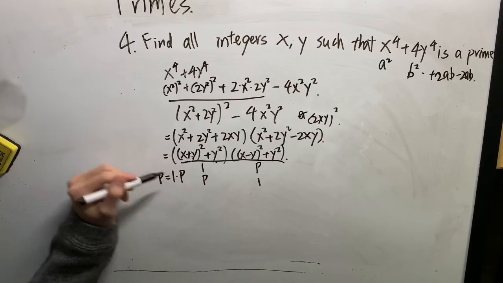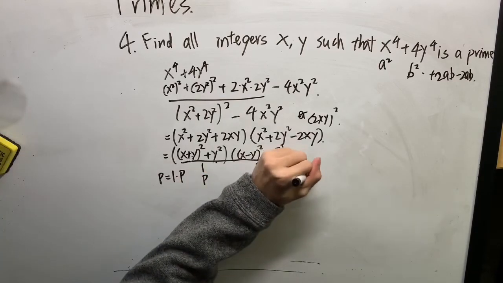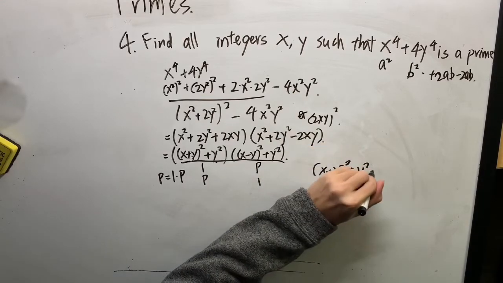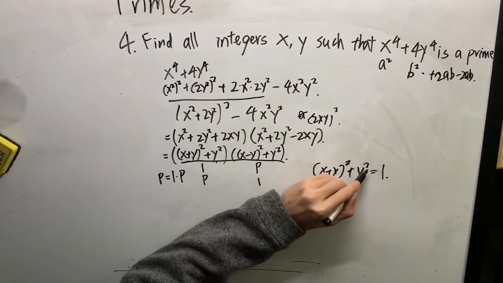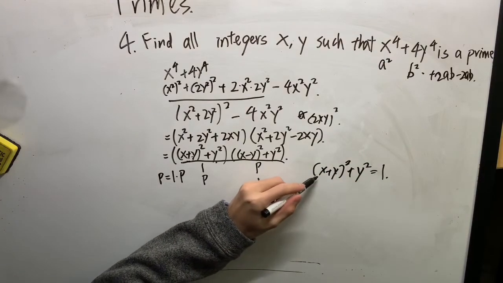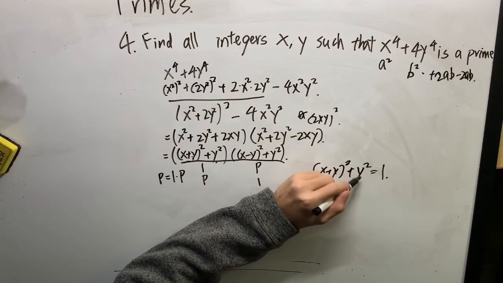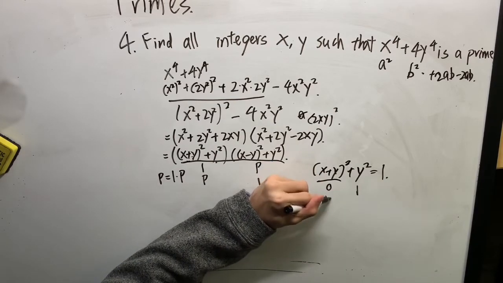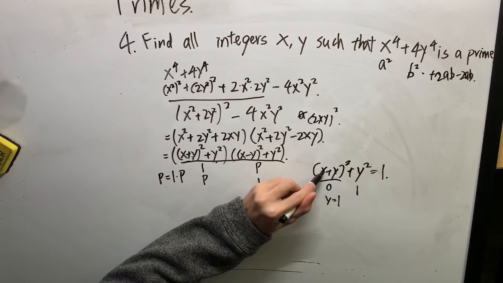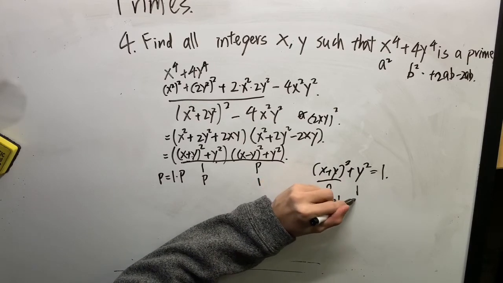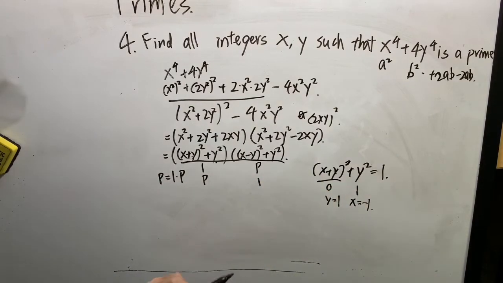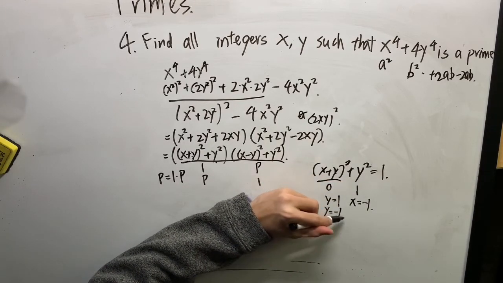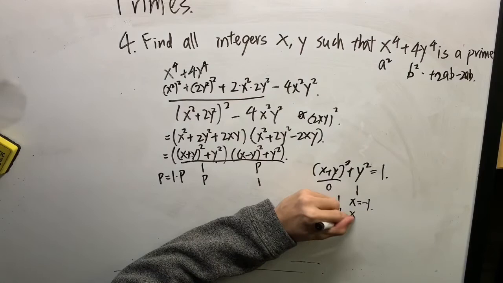So if (x plus y) squared plus y squared equals 1, there are only a few solutions. First, y squared must be 1 and the other term becomes 0. So y can be 1 and x can be -1. Another solution is y equals -1 and x equals 1.